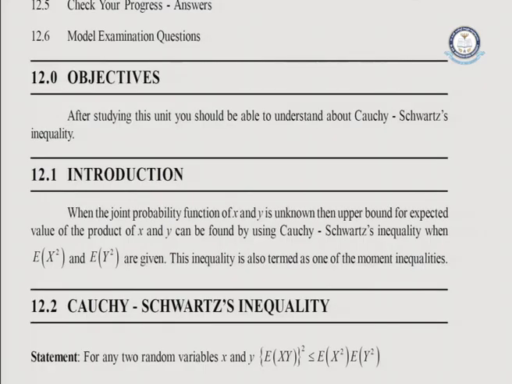It is also termed one of the moment inequalities, and it is used for two random variables only. The equation: the expected value of XY, whole square, is less than or equal to the expected value of X square times the expected value of Y square.